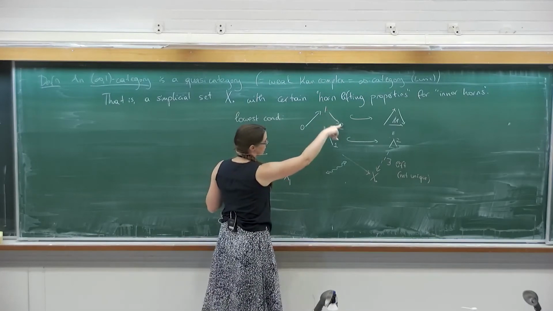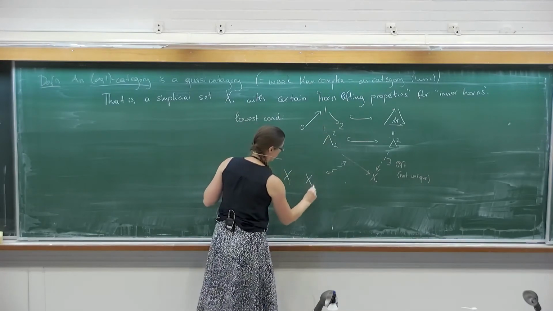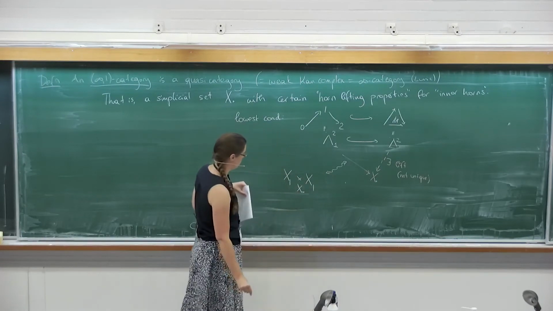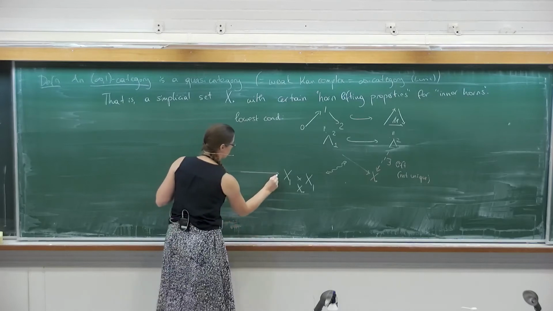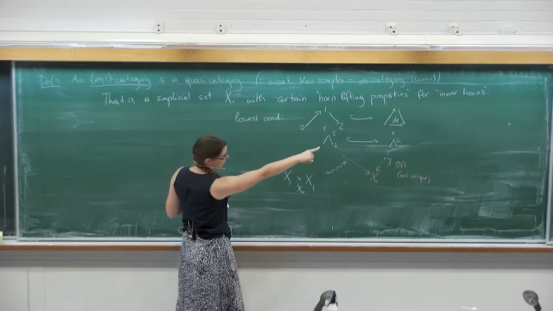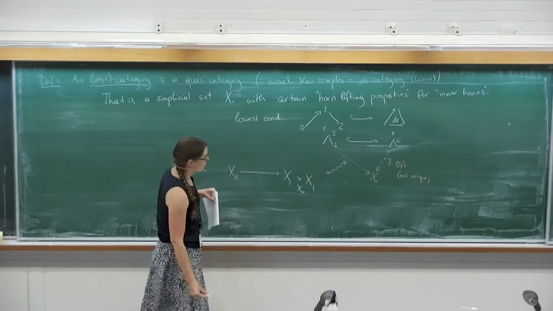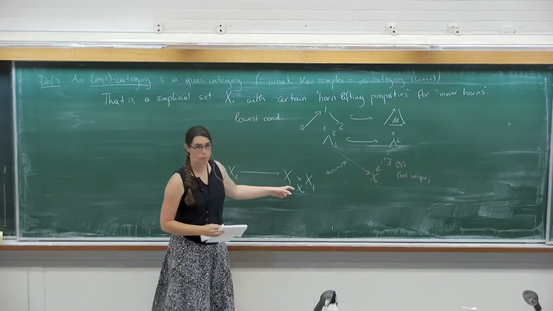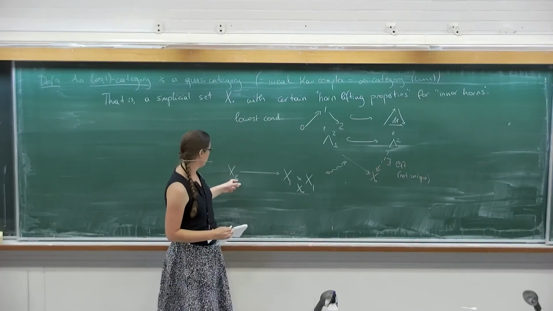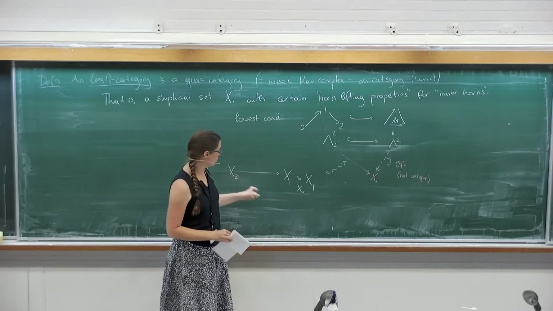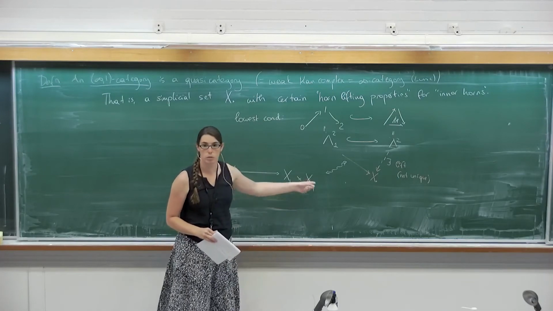If I take the other arrow and map it to X, I also have something in X1, and they must agree over X0. On the other side, if I map delta 2 to X, I just have X2. And so what we're saying is about this map here. You can think of this as the space of composable arrows plus composition, and here I just have a space of composable arrows.